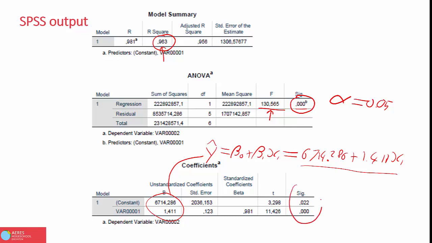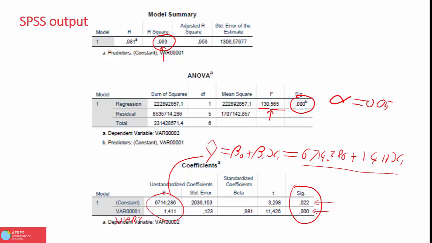Here we find significance levels as well, which are very interesting to look at, because we can find out whether one of our predictors contributes significantly to our model. And we can see here that both beta 1 and beta 0 contribute significantly to our model. If you have a multiple linear model, there will be another variable here as well.